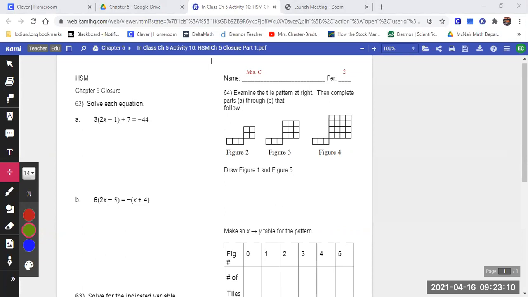So with the distributive property in mind, how do I show I'm doing distributive property? How do I show that? Yep, the lines. So let's go get the distributive property lines in.